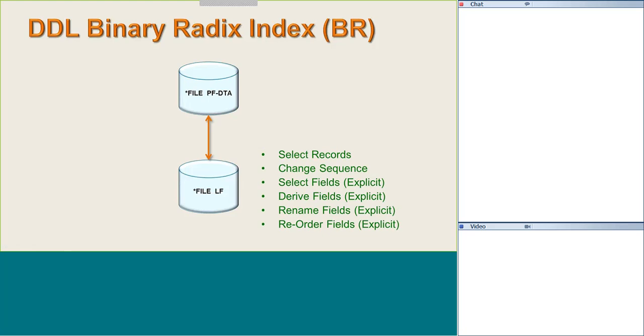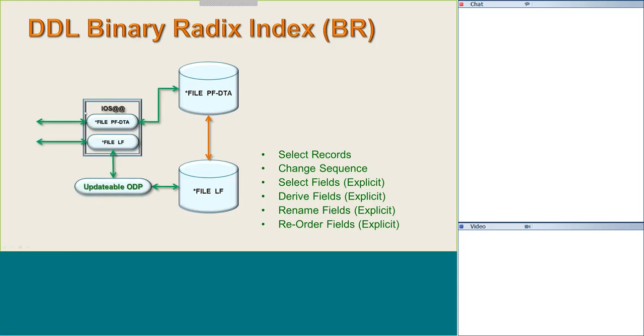So in my opinion, when you want to create a new view over your database, in the spirit of modernizing, you might as well create it as a DDL BRI rather than a DDS view. This data path is updatable, so the I/O servers will operate in exactly the same way as they do for the DDS view.